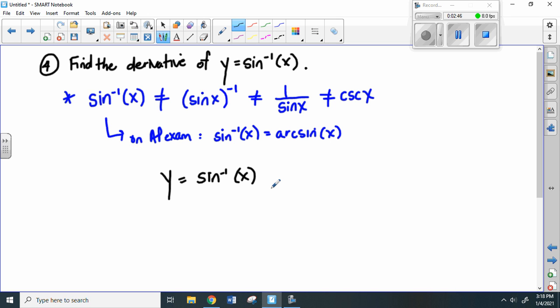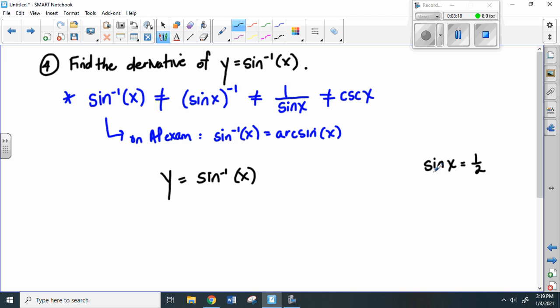I don't know how much you remember about solving trig equations, but let's say you had sine of x equals a half. Technically, that's on the unit circle, and we would ask, what angle does sine equal a half?